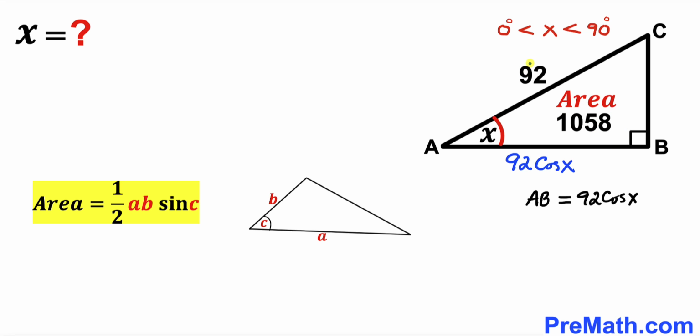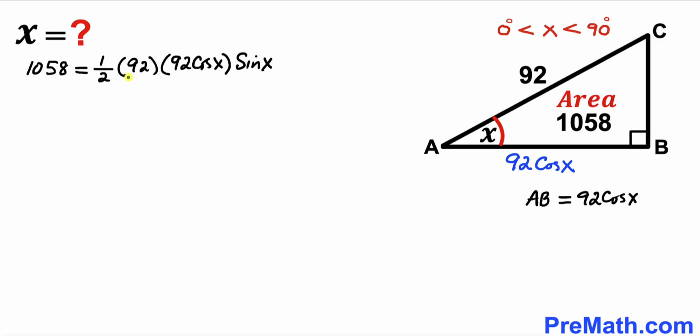The side lengths are 92 and 92 times cosine of X, and the angle between these two sides is X. So let's fill in the blanks: 1058 equals a half times 92 times 92 times cosine of X times sine of our angle X.